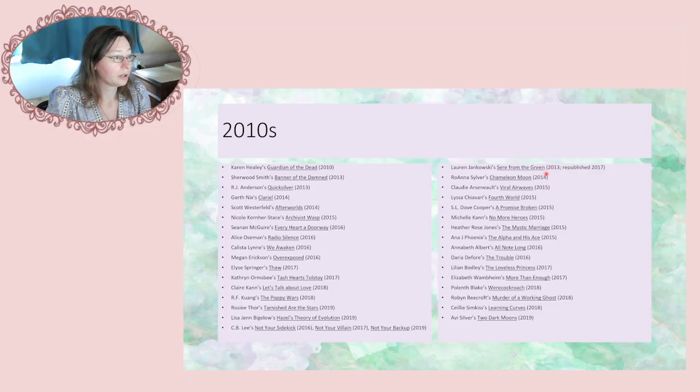We also have Roanna Silver's Chameleon Moon. If you want a very good early example of looking at Aspec stereotypes in a way that wants to punch them in the teeth, this is a very good book to do that. This also has multiple Aspec characters in there. Claudia Ossano's Viral Airwaves is similar.